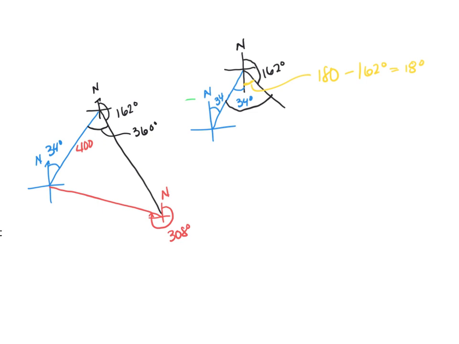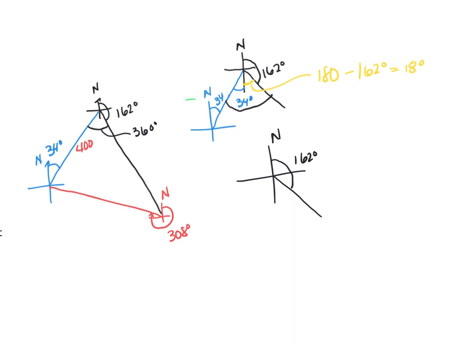Now I'm going to do the same thing with my red grouping here. So I'm now going to focus in on this axis and this axis. So here's my black axis again. Here's north. I'm running off 162 degrees, and down here is my second axis.